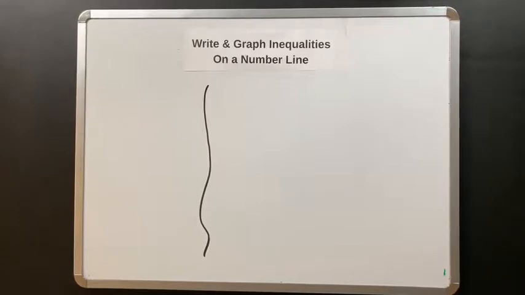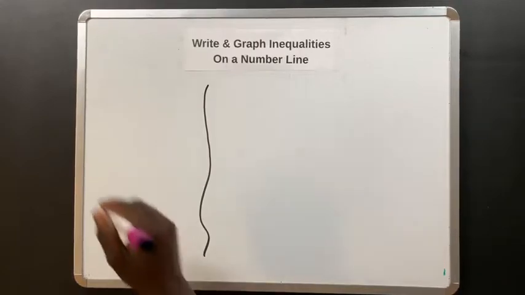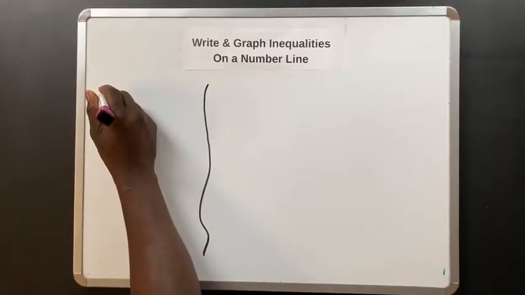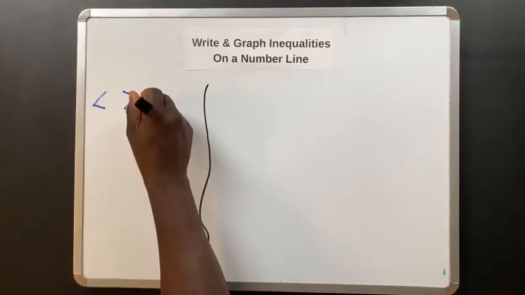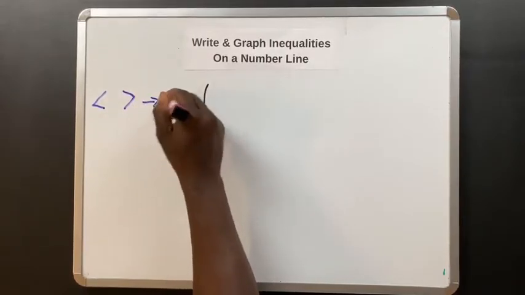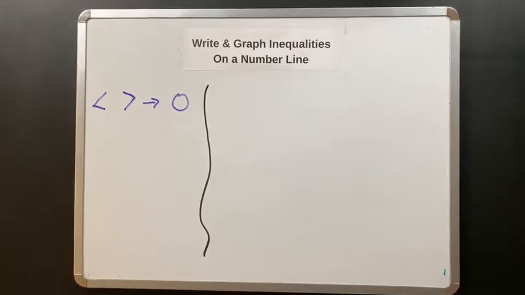Before we get started, let's give a quick review of the four inequality symbols that help us to determine how to graph it. If we have less than or greater than, remember, we're going to have an open circle when we graph that inequality.